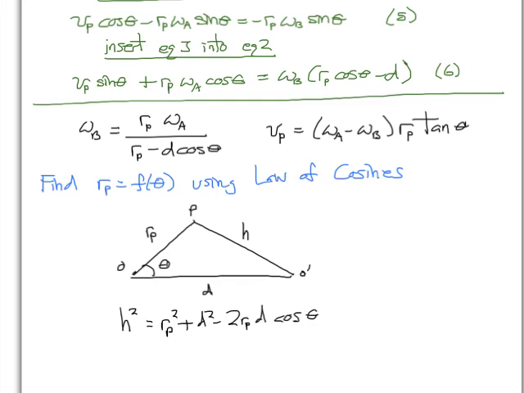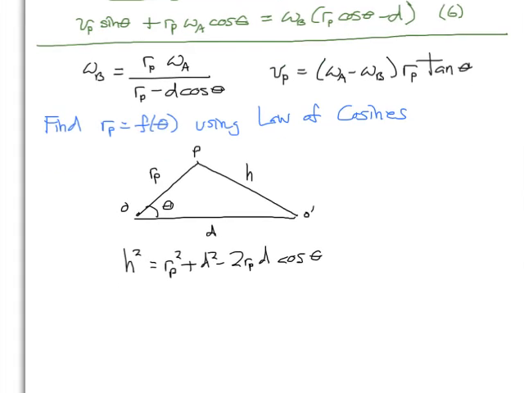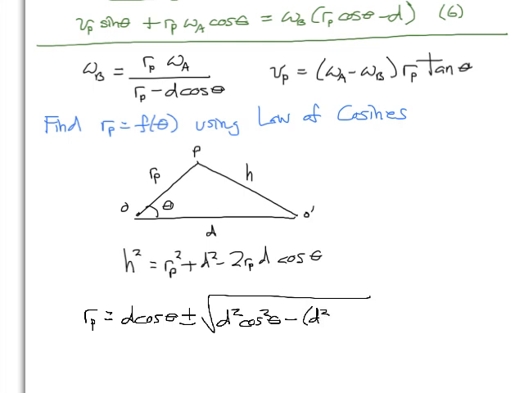This is a quadratic term, and when we solve for R sub P, we get R sub P is equal to D cosine theta, plus or minus the square root of D squared cosine squared theta minus the quantity D squared minus H squared. And for this system, we're using the plus instead of the minus for this quadratic solution.